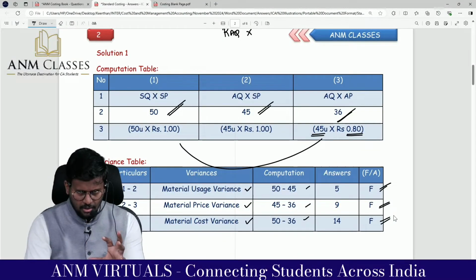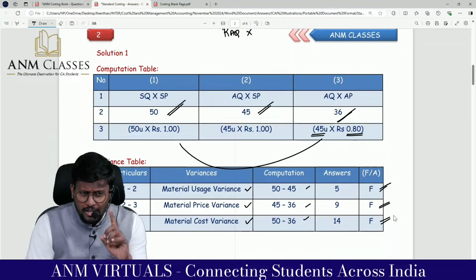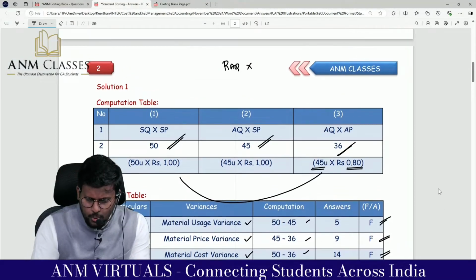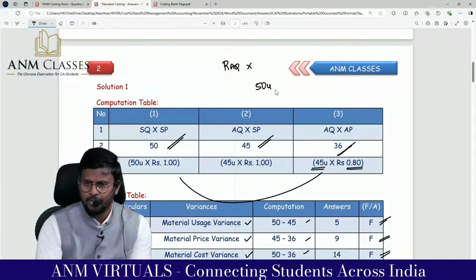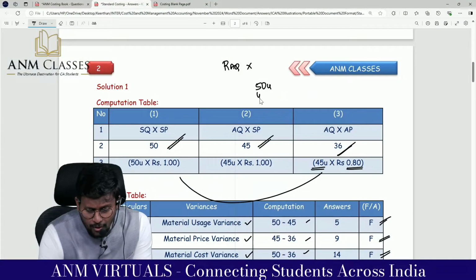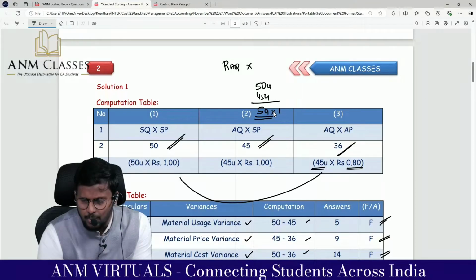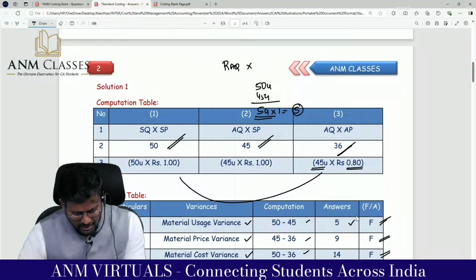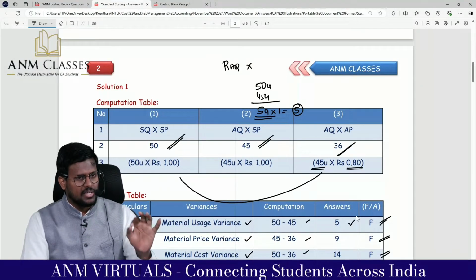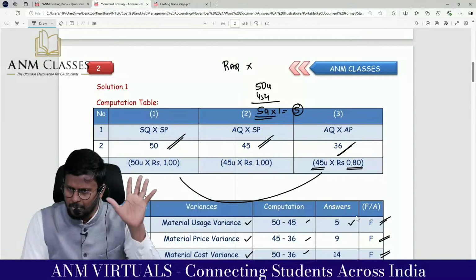In order to manufacture one finished goods, you should have used how many units? 50 units. But actually you have used only 45 units. That means you have saved 5 units, into the standard price per unit. So 5 into 1, 5. That's why material usage variance is 5 favorable.